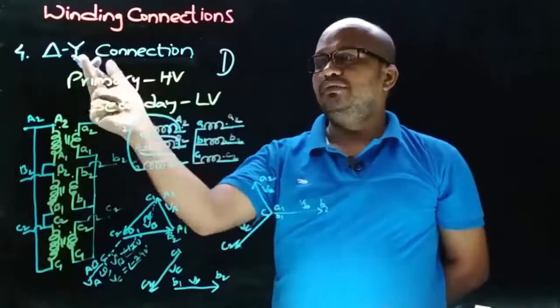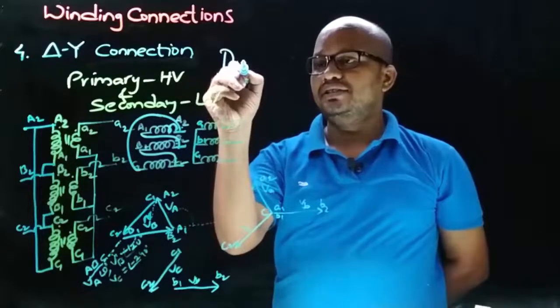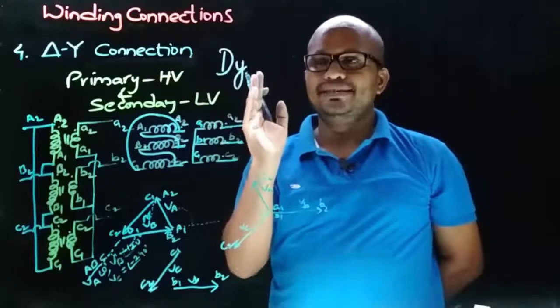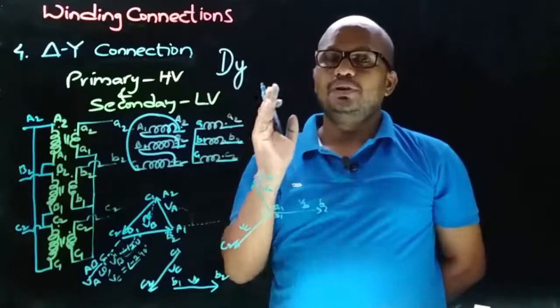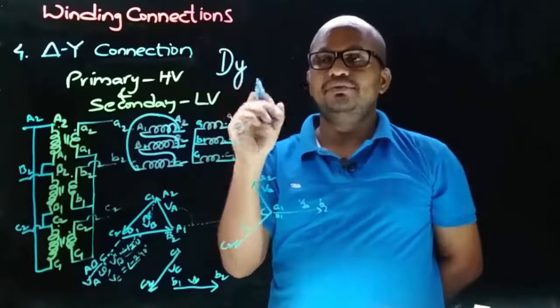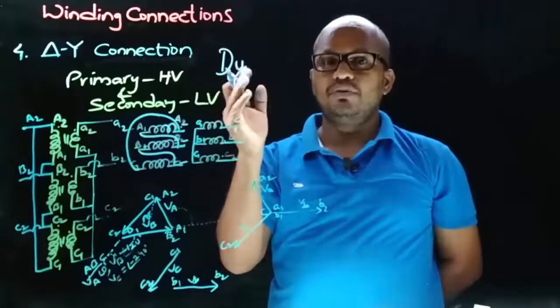So here the LV winding connection is star. To represent that, the second character is a small y. And the third position of the vector group symbol is a numerical, and that numerical will indicate the LV winding phase to neutral voltage displacement with respect to the HV winding phase to neutral voltage, and that is obtained from clock notation.